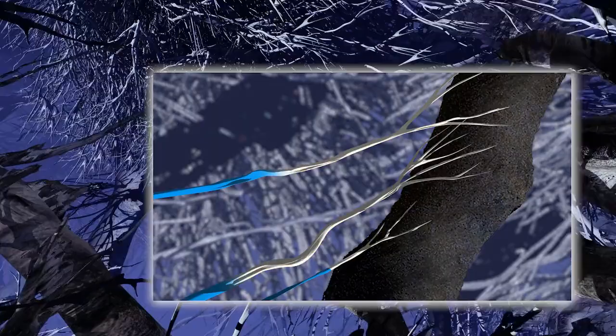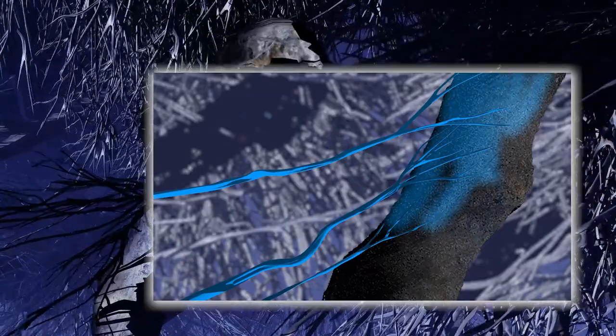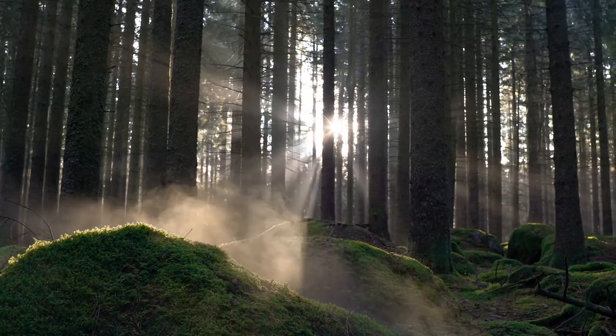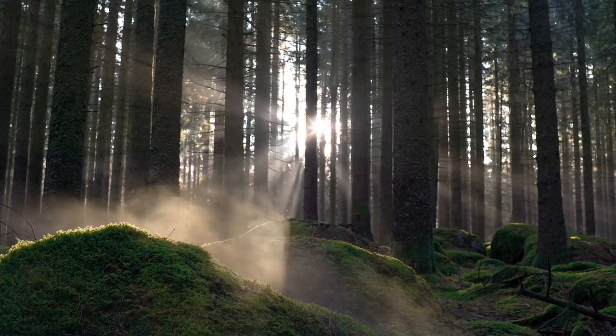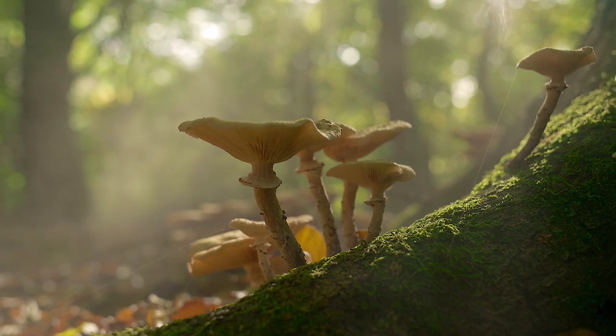In return, the fungi supply the tree with water and nutrients, including phosphorus, zinc, calcium, copper, and organic nitrogen. Simply stated, the fungi help feed the trees, while the trees nourish the fungi.